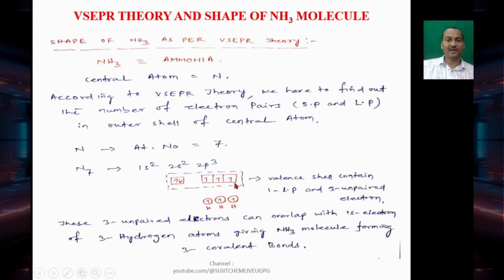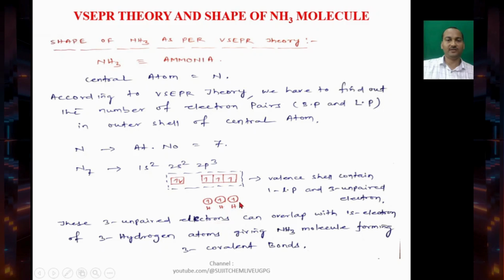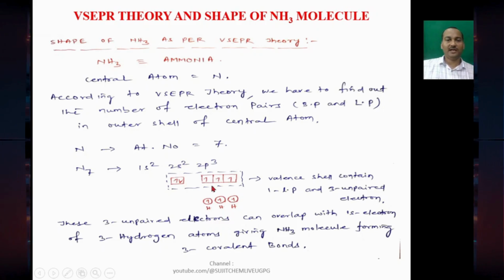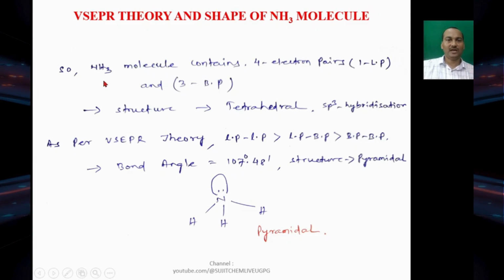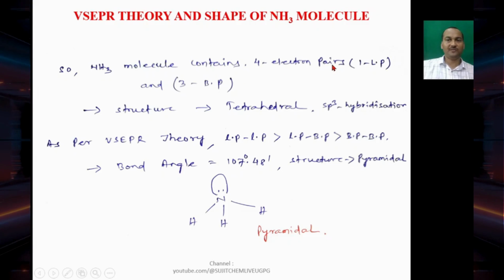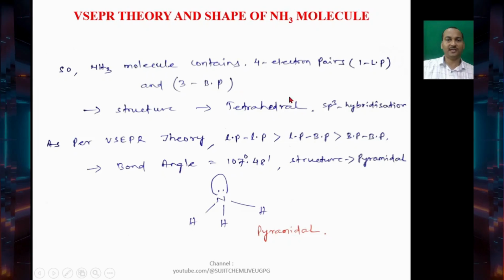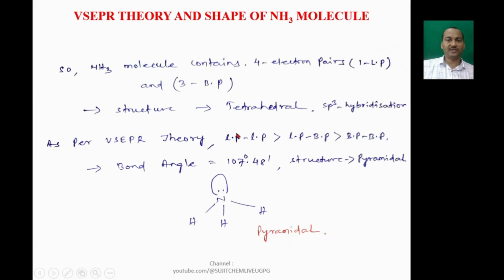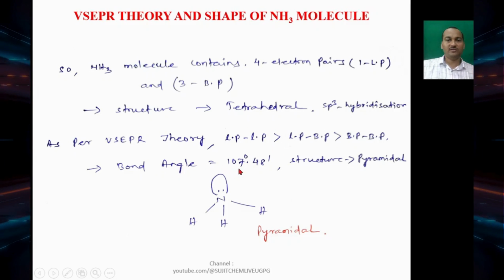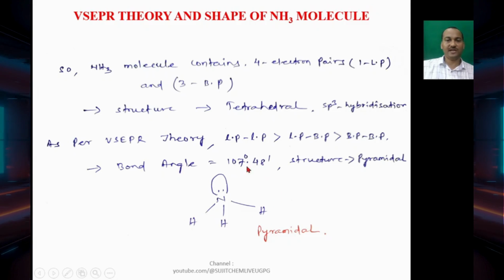These 3 unpaired electrons can form 3 bonds with 1s orbitals of 3 hydrogens, forming NH3 molecule. So ammonia molecule contains 4 electron pairs, that is 1 lone pair and 3 bond pairs. So the structure should be tetrahedral. According to VSEPR theory, to minimize this repulsion, the bond angle reduces to 107.48 degrees and the structure of ammonia is pyramidal.